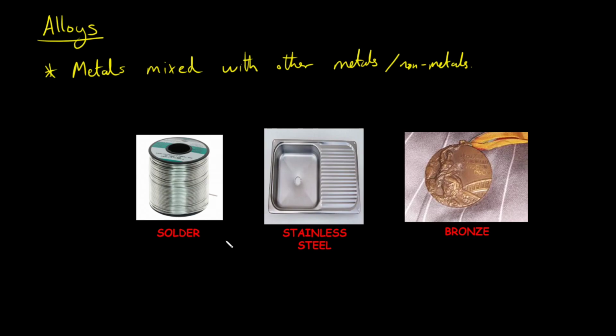If we think about the solder, now solder is used to join together different pieces of metal. Think of welding together two bits of metal. Solder is normally a mix of tin and lead, and why would you want to use the alloy? It's got a relatively low melting point.